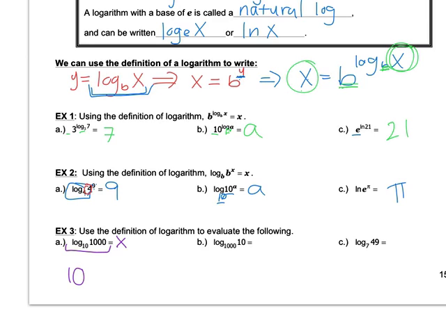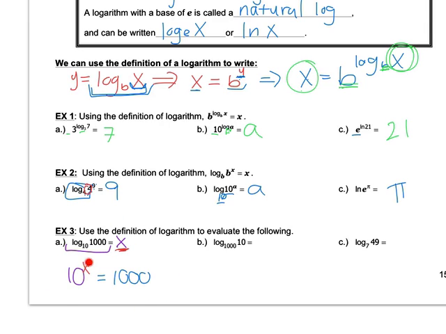This answer here is going to be the exponent of 10, and it's always going to equal whatever was inside of the log, which is 1,000. So we've rewritten this logarithmic equation as an exponential equation.